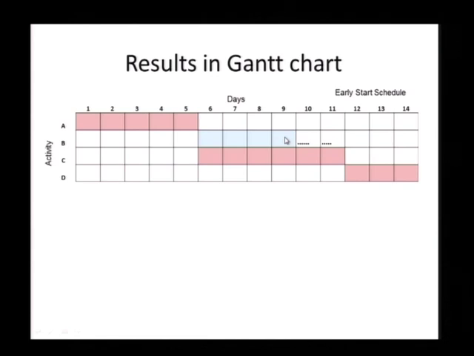Activity C is finishing at end of 11, and activity D starts at beginning of 12 and goes all the way to 14.